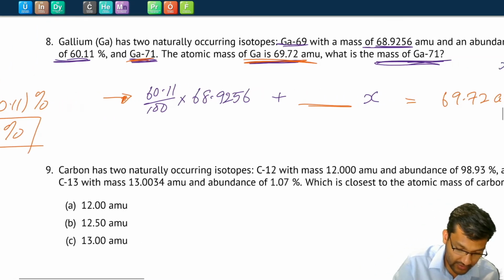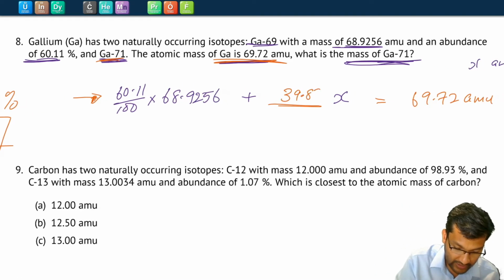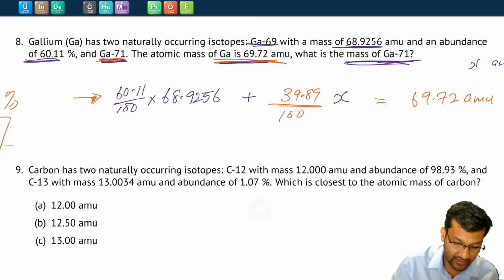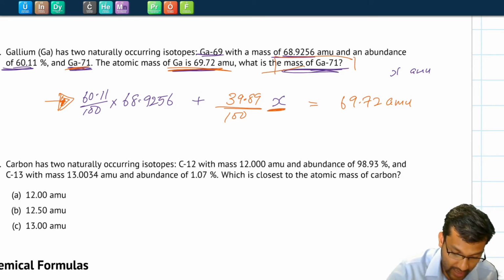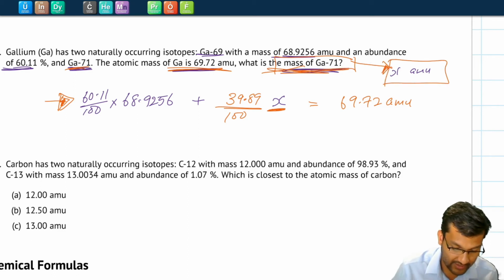So that's what we're going to use, 39.89 over 100 as the abundance for gallium-71. Now that we have our problem set up, the only unknown that remains is the mass of gallium-71, which we stated is just going to be X atomic mass units.